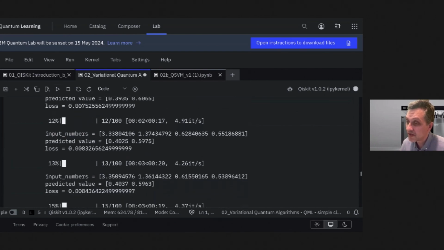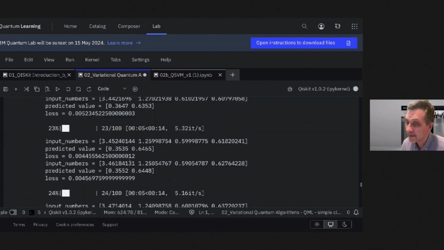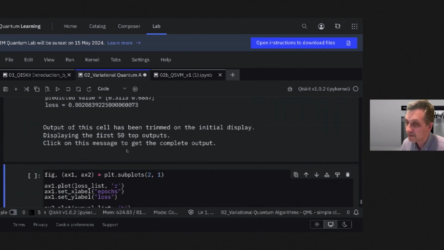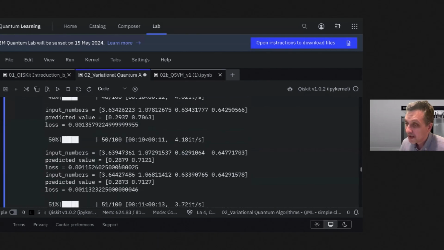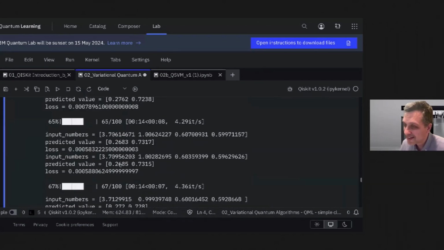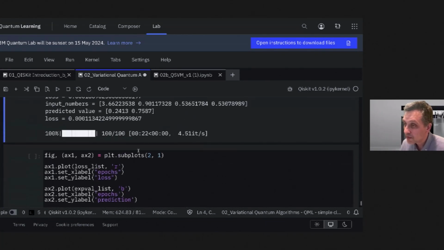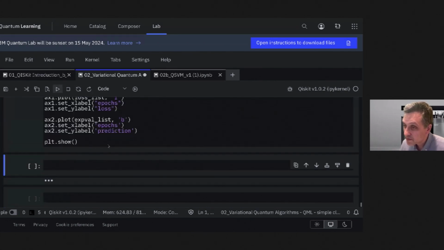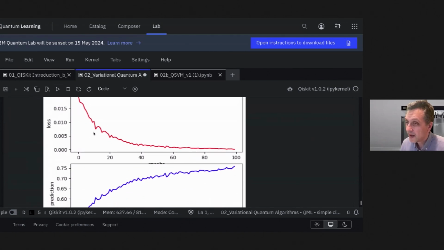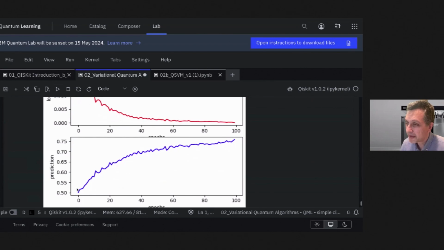And changing the rotations, we are adapting the value and getting better and better results until hopefully I get something. Okay, so we get our loss function going down and our prediction is going to the 0.8 that I established as an objective.